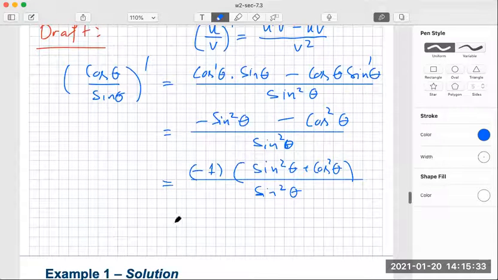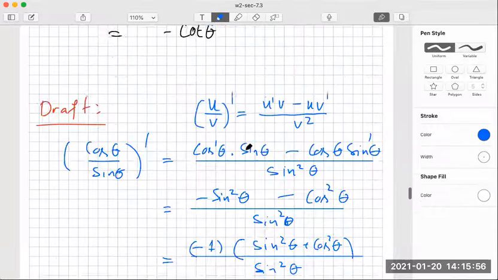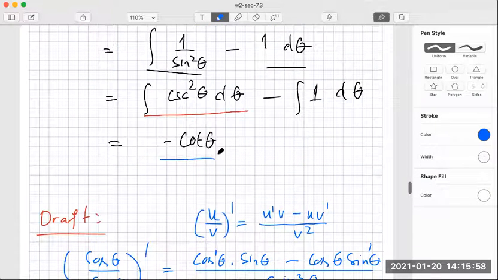Then this is 1, therefore it will be negative 1 times 1 over sine square theta. It is the negative of cosecant square, right? Therefore, the antiderivative of cosecant square will be negative cotangent. Makes sense here. Okay.